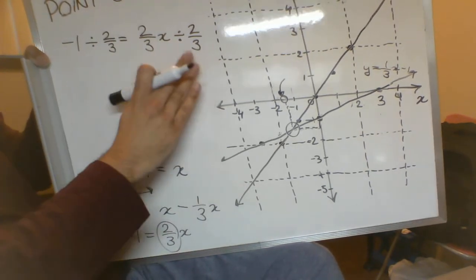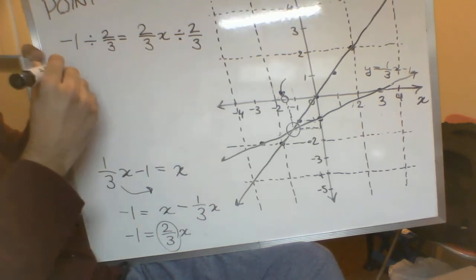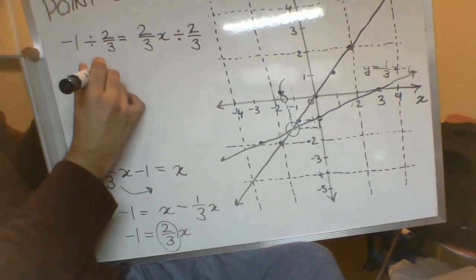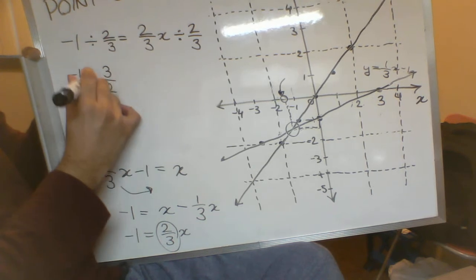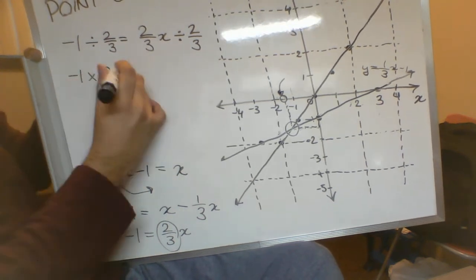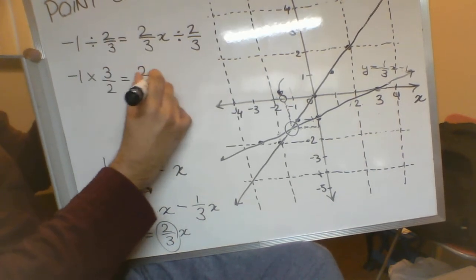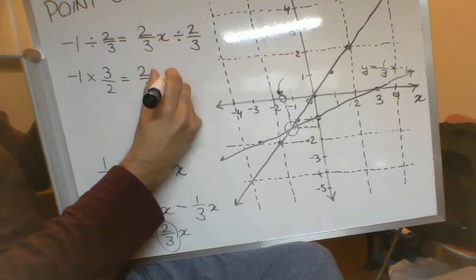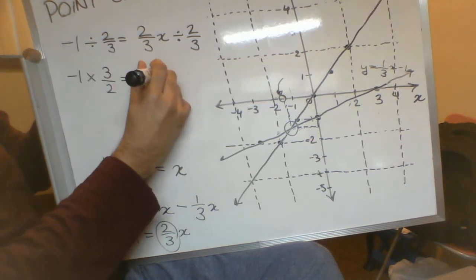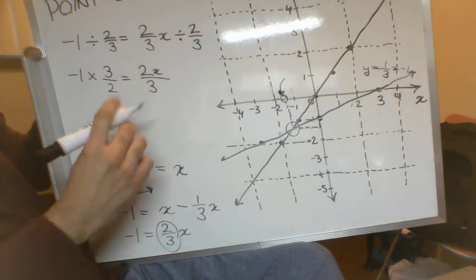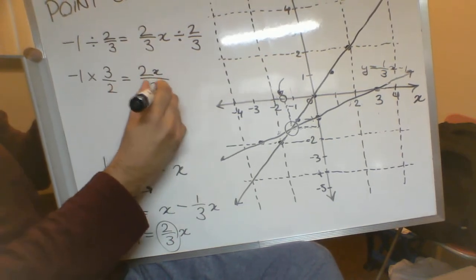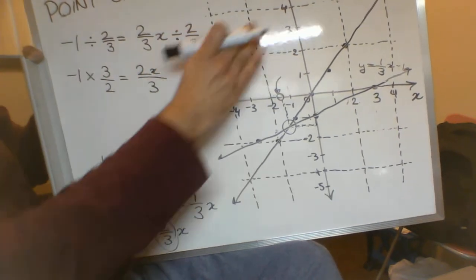So we flip over that second fraction there. So instead of 2/3, I'm going to have 3/2, and a multiplication sign. And on this side, I'm going to have 2/3 x. Maybe I'll stick the x up here in the numerator now, just so that we're not confusing ourselves too much. So we've got 2x/3.